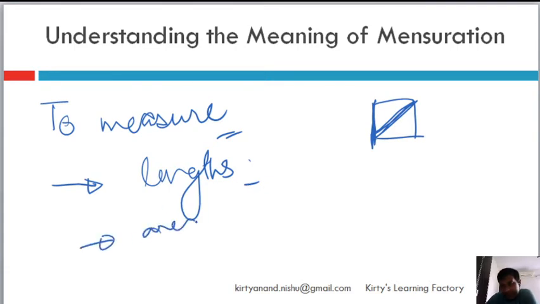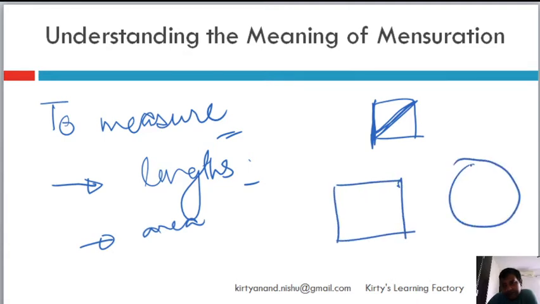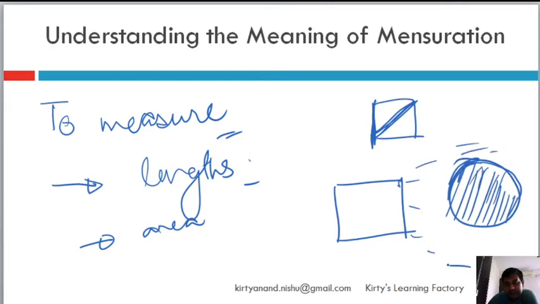We will also measure area. Now when we make a closed figure, any figure, it can be a square, it can be a circle, do you remember that we studied that in a closed figure there is a region which is inside the boundary of the figure, and then there is a region which is outside.